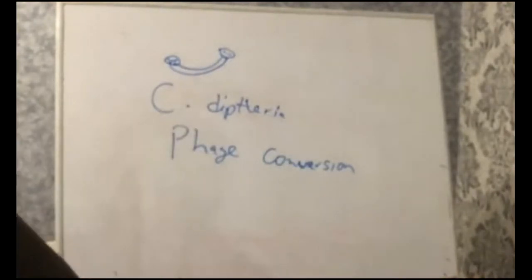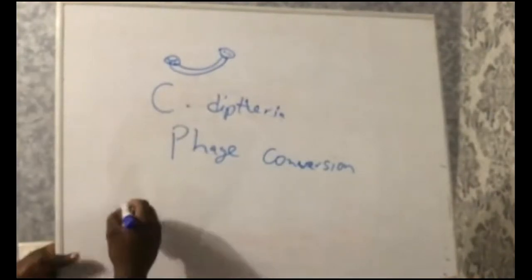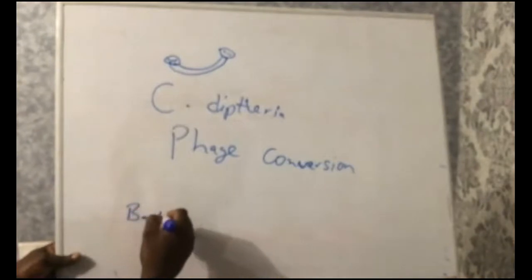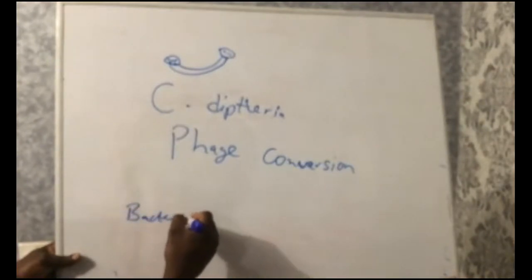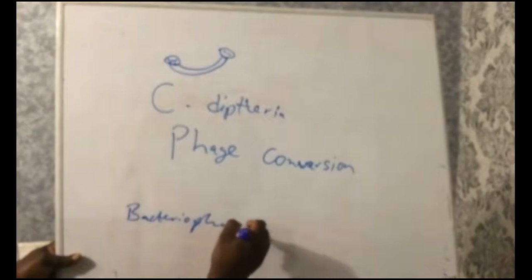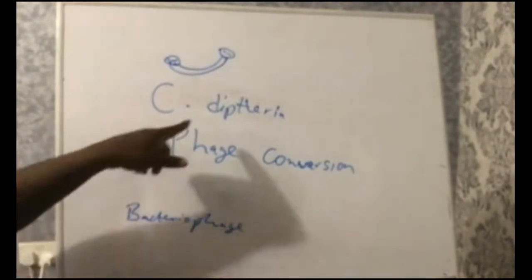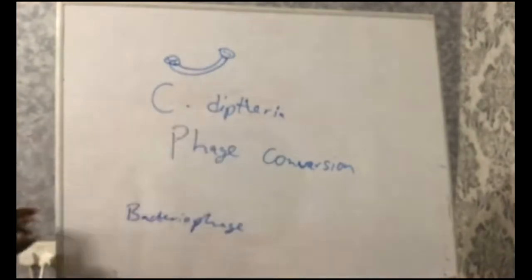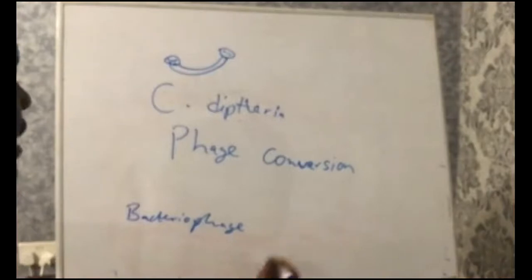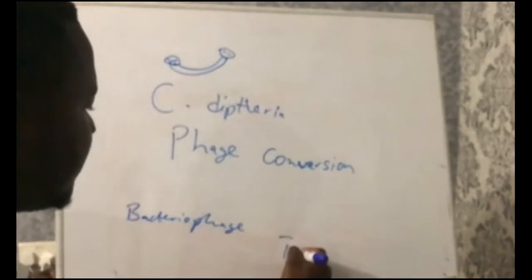Now, this phage conversion, what is happening is that a virus called bacteriophage will introduce a DNA part which will cause some mutation in the diphtheria to start producing certain toxins, okay?